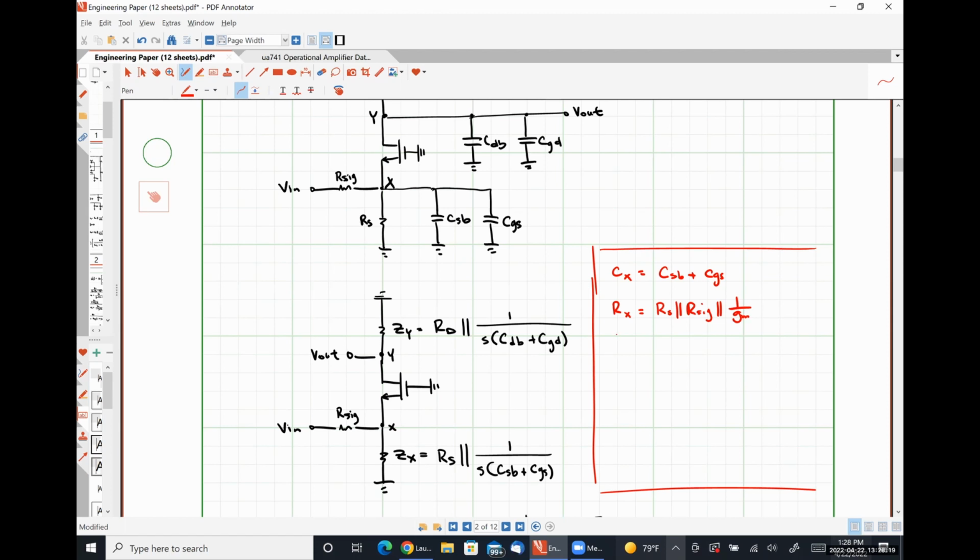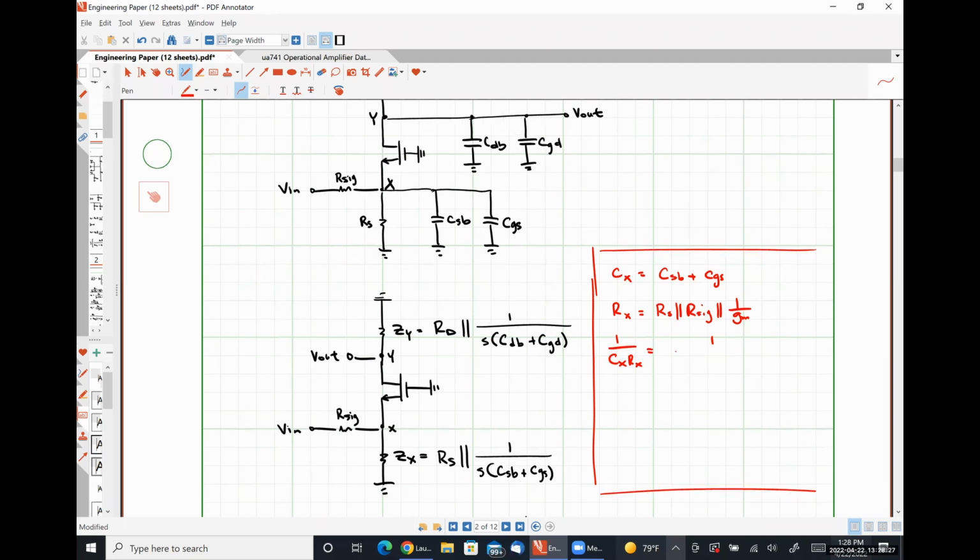So 1 over CX RX would be 1 over RS in parallel with R sig in parallel with 1 over GM times CSB in parallel with CGS, which is exactly the pole frequency associated with node X from our previous exercise. But that was a little bit shorter to figure out, wasn't it?